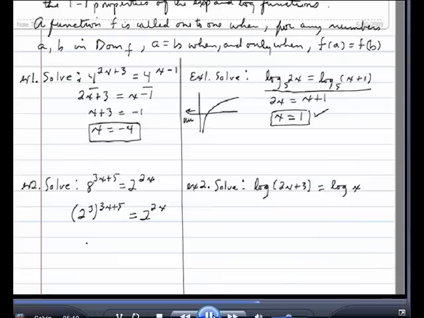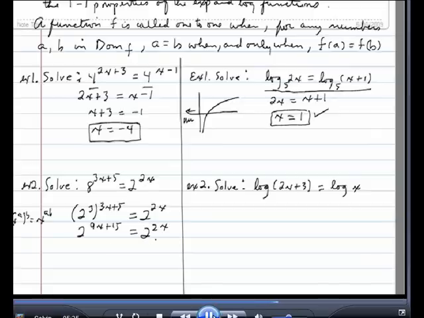And we have a rule that says if you have an exponential, x to the a, and you raise it to the power b, you get x to the ab. Well, that's what we have here. We have the exponential 2 cubed raised to the power 3x plus 5. So this is 2 to the 9x plus 15 is equal to 2 to the 2x.